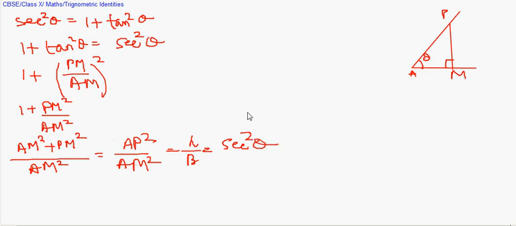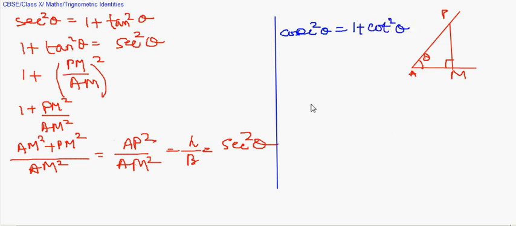The third one which is given in the same, I would try fitting that here. The third equation is cosec square theta is 1 plus cot square theta. Now here again we do that.